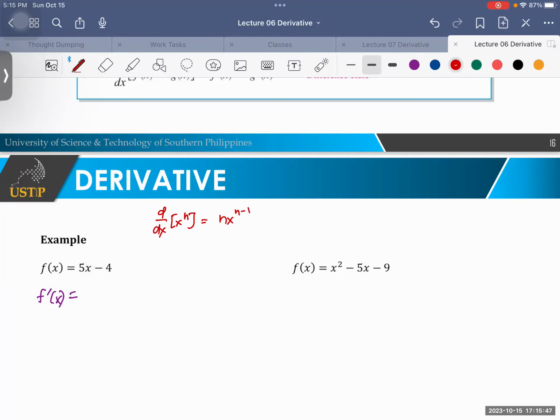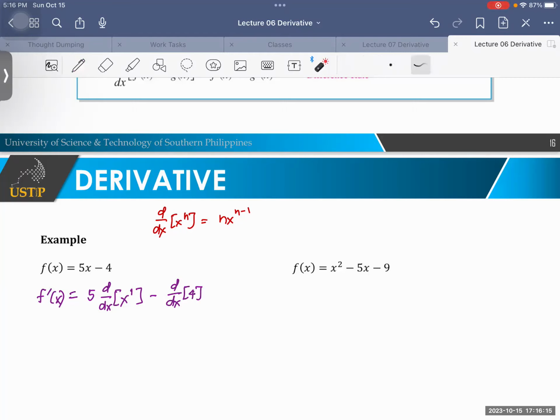So basically, what we're doing is we write 5 here, okay? We get the derivative of x, that is x to the 1, no? Minus the derivative of 4, or a constant function, right? Right, the derivative of a constant function is always equal to 0, class?